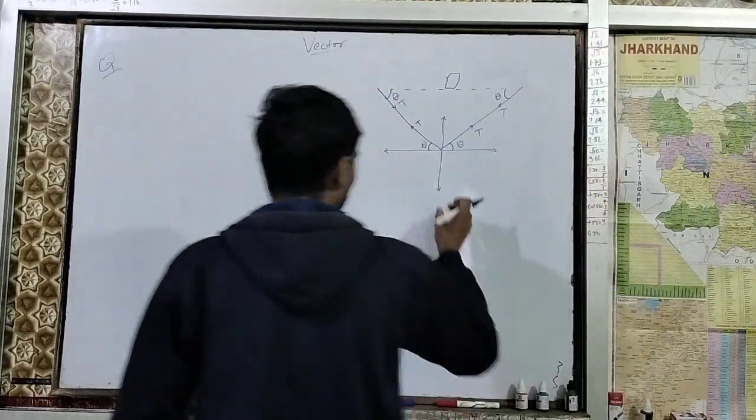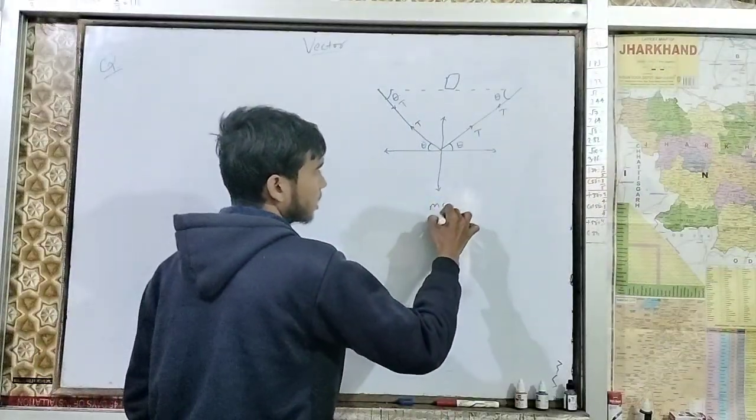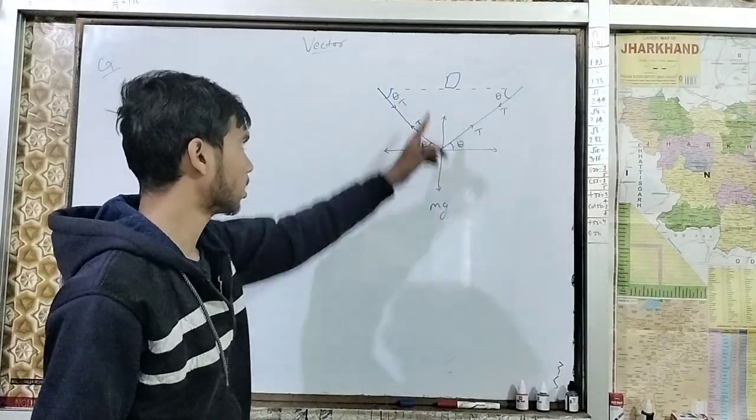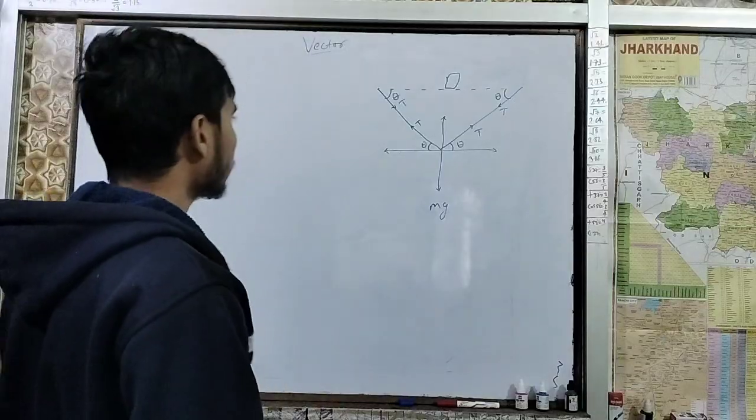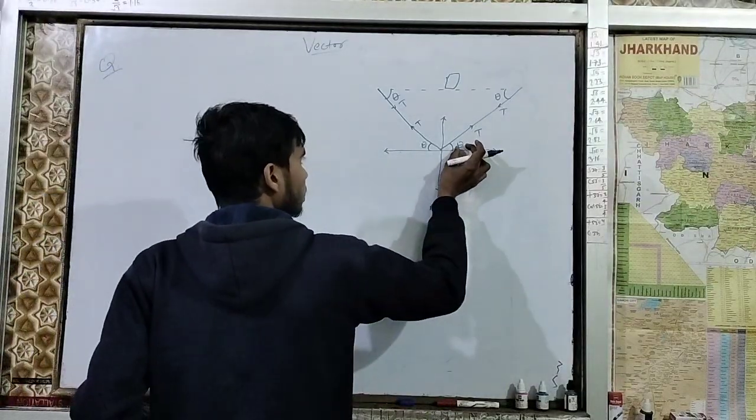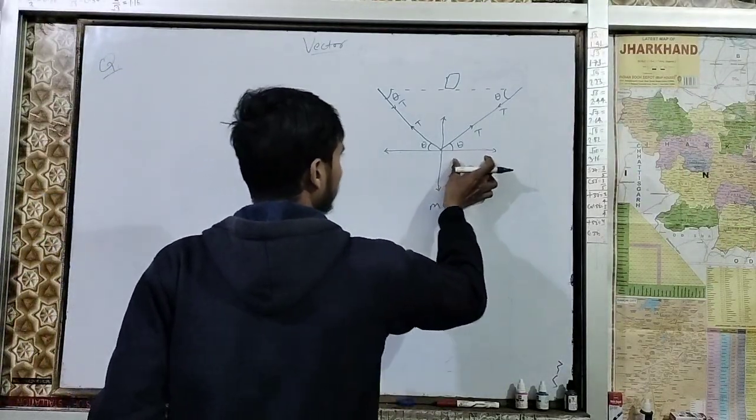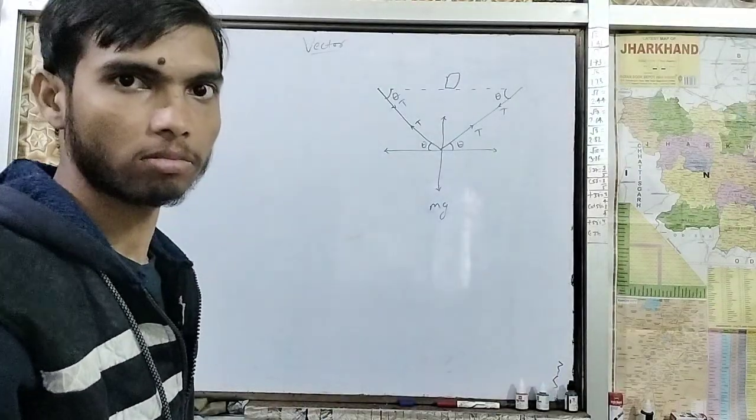Downward will be our mg, which is pulling this object. According to this theta, this will be our cos theta.